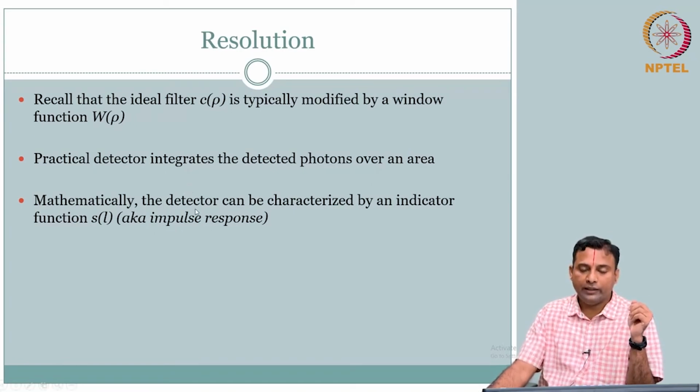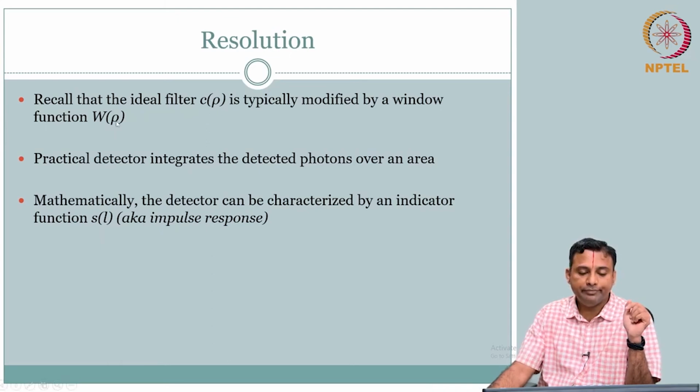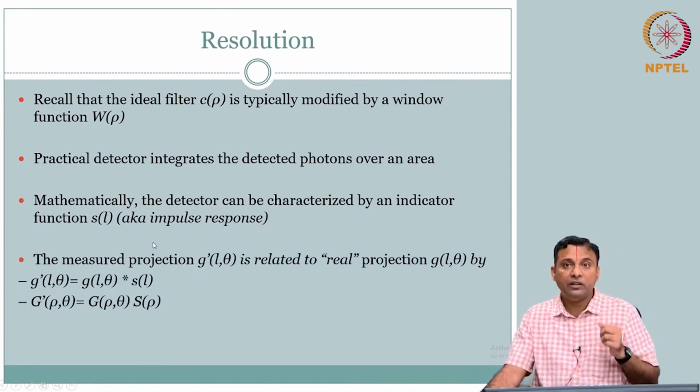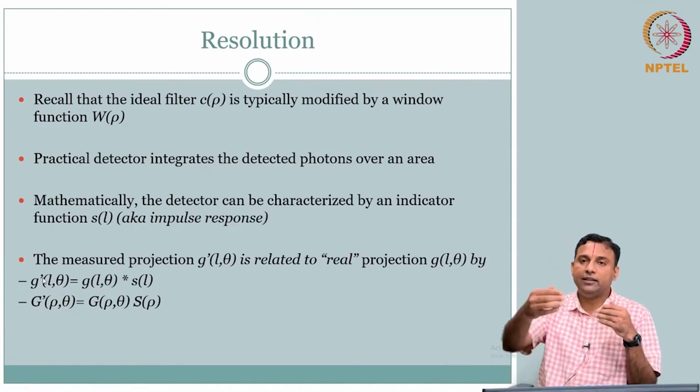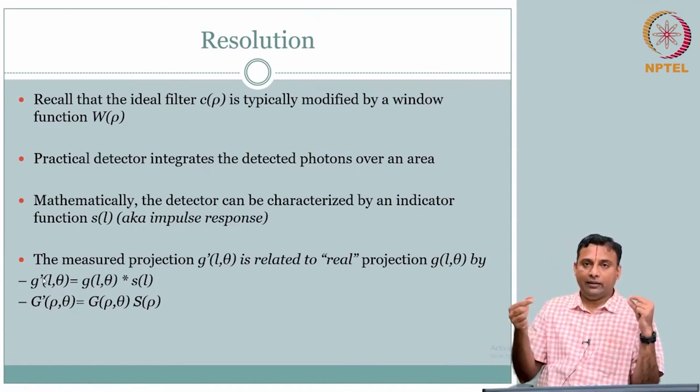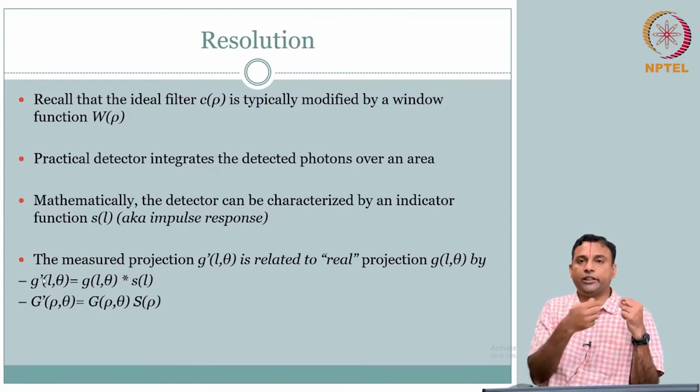Okay. So the detector is not an ideal detector, so it is characterized by some indicator function S of L, right? Remember the impulse response of that detector. So we can have the impulse response of the detector, and then this is your filter impulse response, your filter function. So essentially you can think about your projection, the estimate that you have. What you are measuring here are the projections.